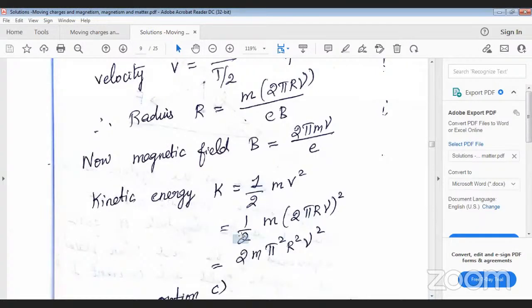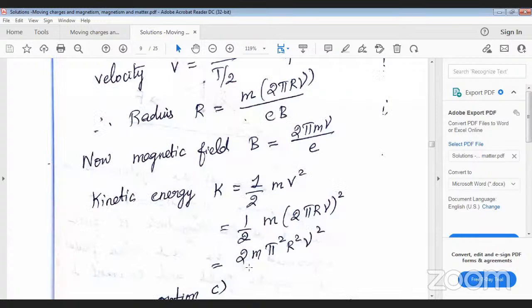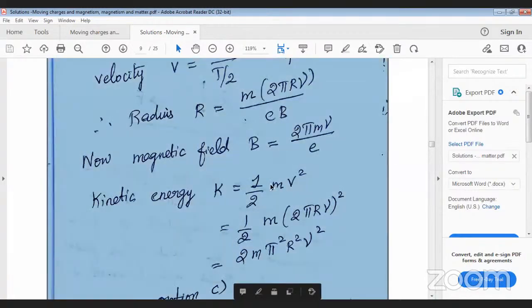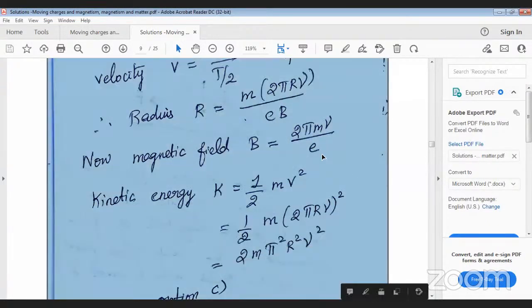Already you have 2 in the denominator, so this 2 and this 2 squared will cancel, and you will be left with 2. So that is 2 m pi squared r squared nu squared. This is the value of the kinetic energy. And this B value and this kinetic energy value are found in option C.